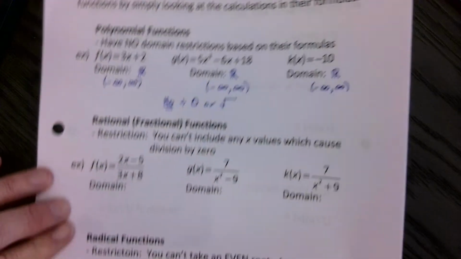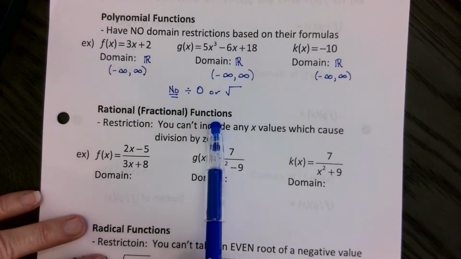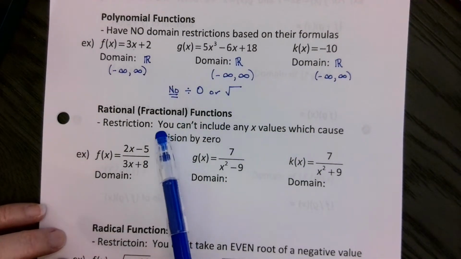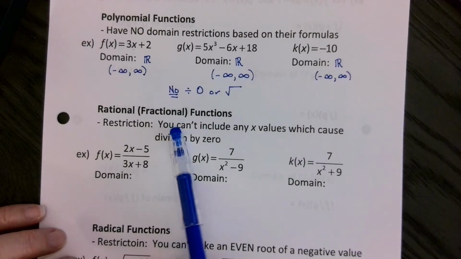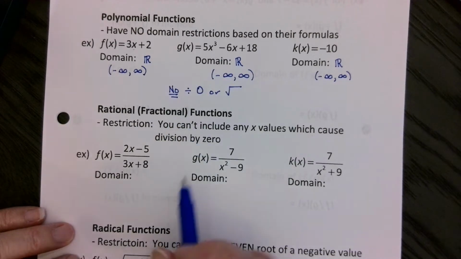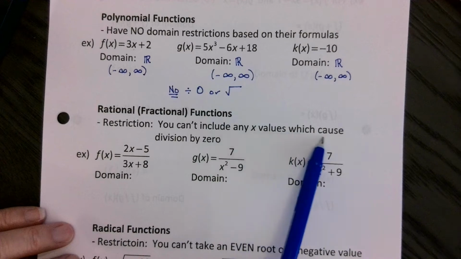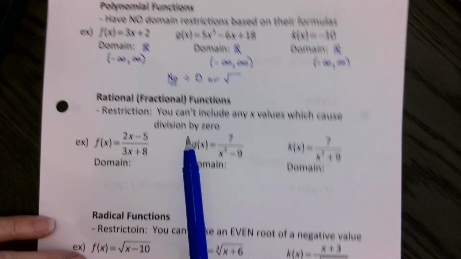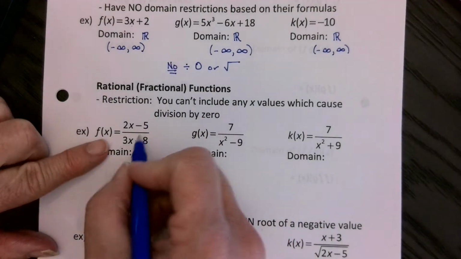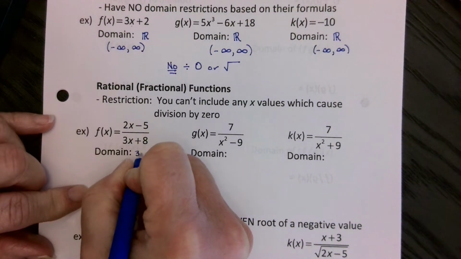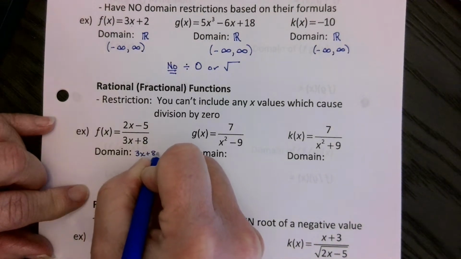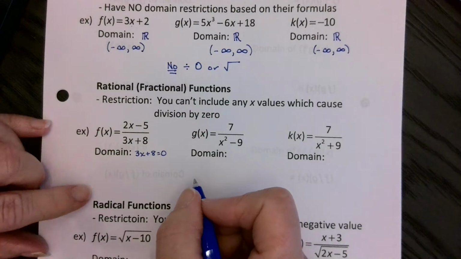Well, then we've talked about rational functions. Here, we can't have 0 in our denominator. So restriction is you can't include any values which cause the division by 0. So what we would do is we would take our denominator and set it equal to 0, and then solve for x.